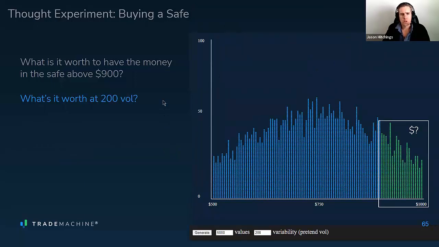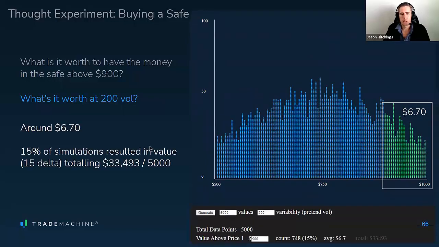Okay, well let's check 200 vol. What does that look like? Well, this is what the chart looks like. Intuitively, it seems like there's more green here. What's the value? Well, the computer tells us the value of this is around $6.70. So at 50 vol, you have almost no value, 2 cents.